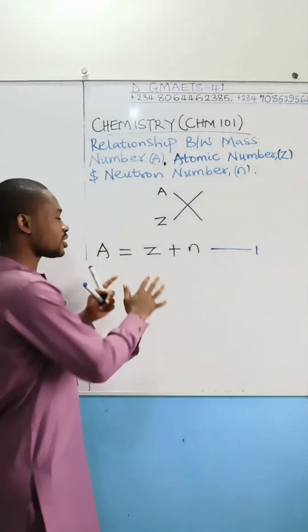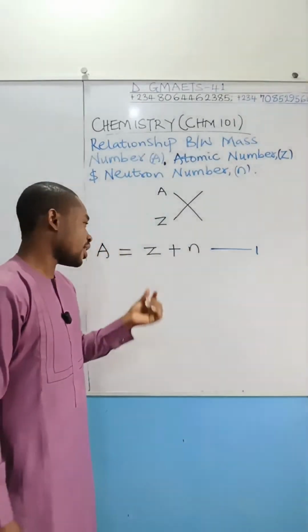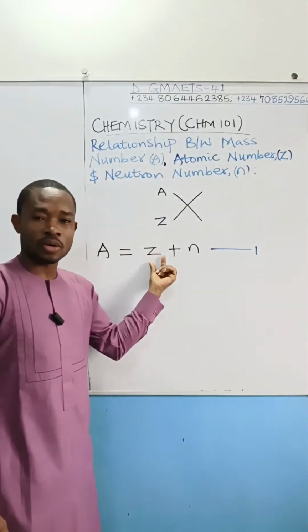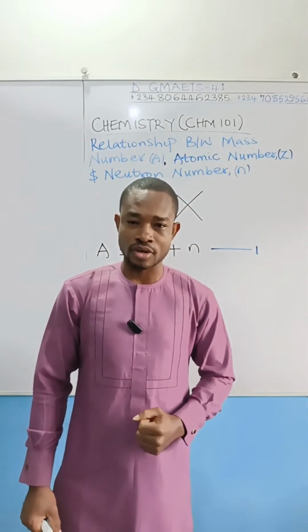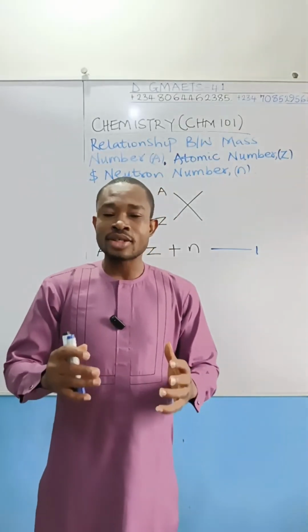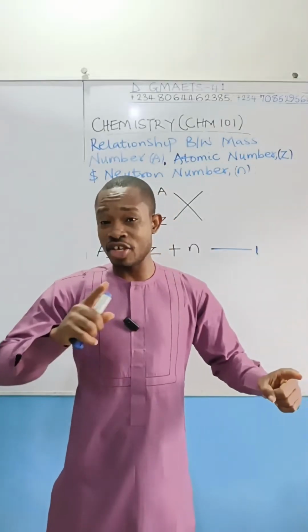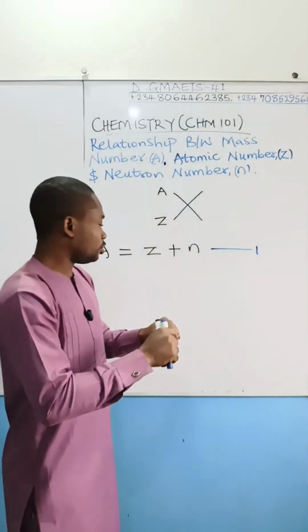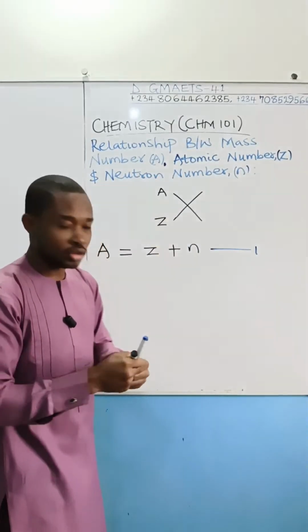Now, having established this relationship, I had told you already that the atomic number of an atom is the same as the proton number. We are going to use P to represent proton number, whether the atom has reacted or not. So whether we are talking about an atom or an ion, it is always true that the atomic number Z is equal to the proton number.